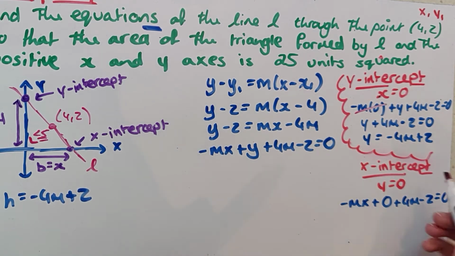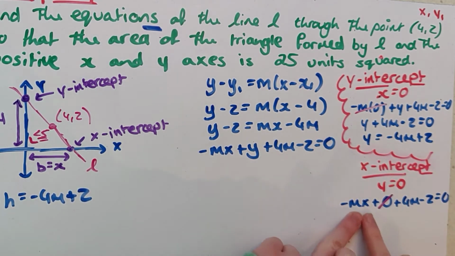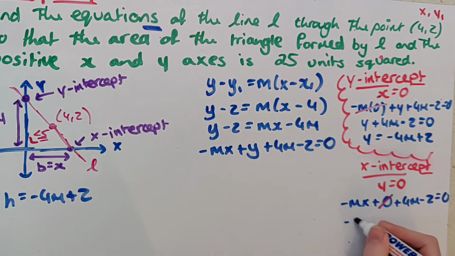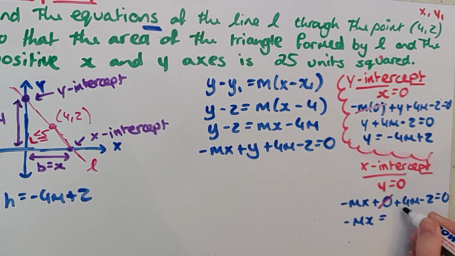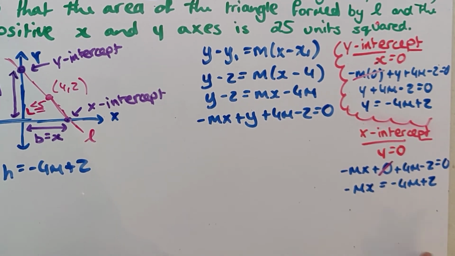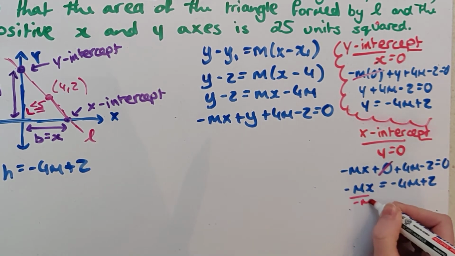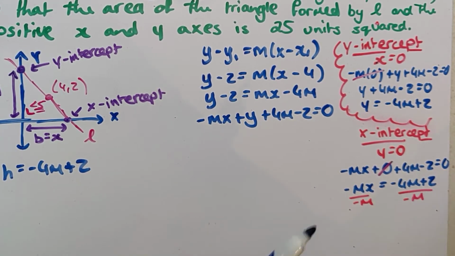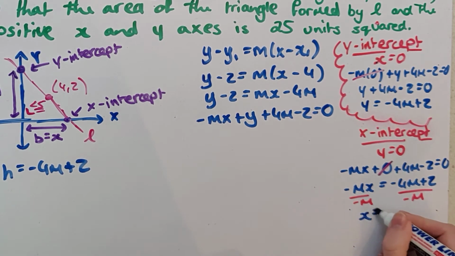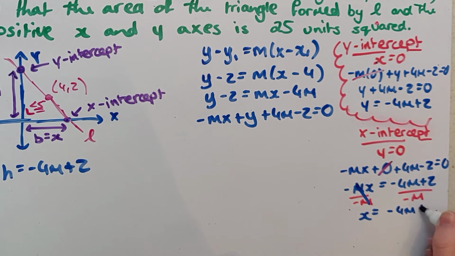Obviously the 0 is gone, and everything without an x, because I'm solving for x, I'm going to move to the other side. So I have minus mx is equal to minus 4m plus 2. My last step here is I need to divide both sides by minus m to get x by itself, which means now I have x, because they cancel, is equal to minus 4m plus 2 over minus m.